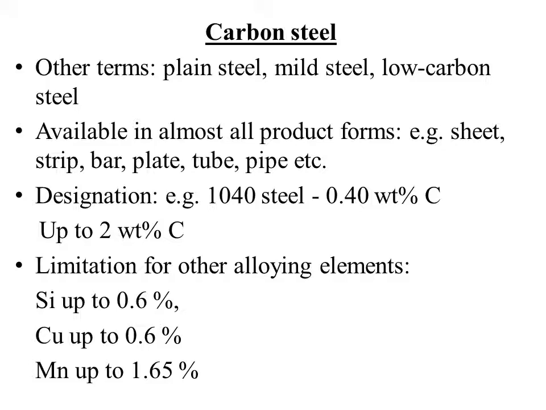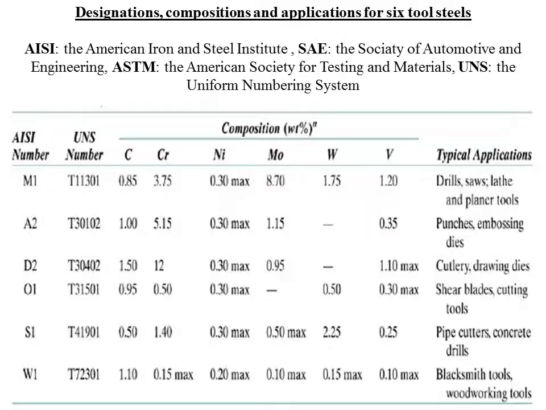There are limitations for other alloying elements. Silicon you can use, copper you can use, manganese you can use, but there is a limit on their weight percentage. Silicon should be up to 0.6 and manganese can be added to a maximum of 1.65. So there is a limit for adding other alloying elements to make the alloys.